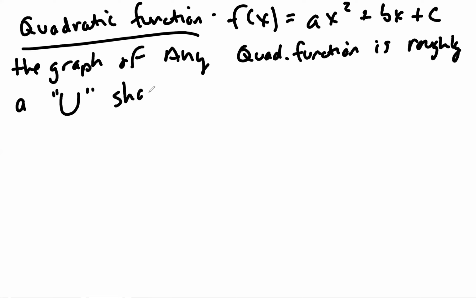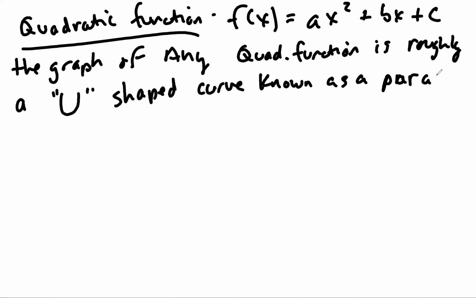U-shaped curve that is known as a parabola. Parabola is important. We're going to use that word, and we're going to see those types of U-shaped curves a lot. Any questions on the definition?